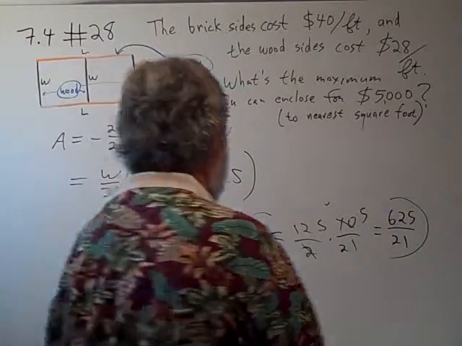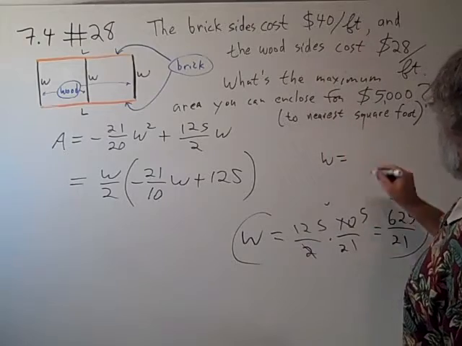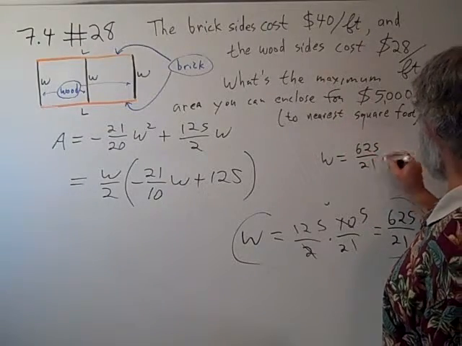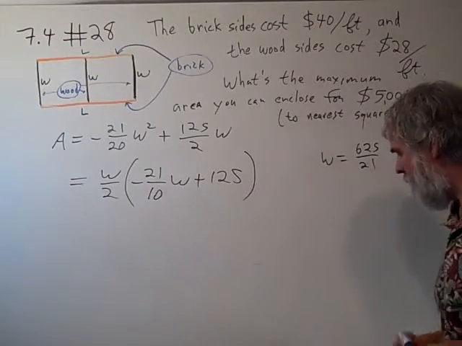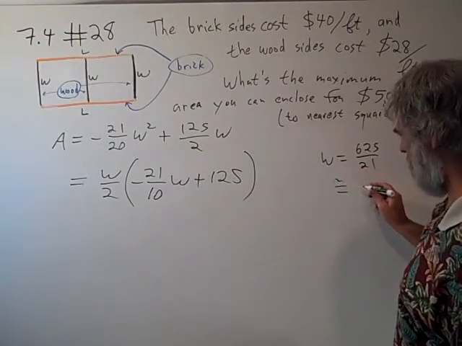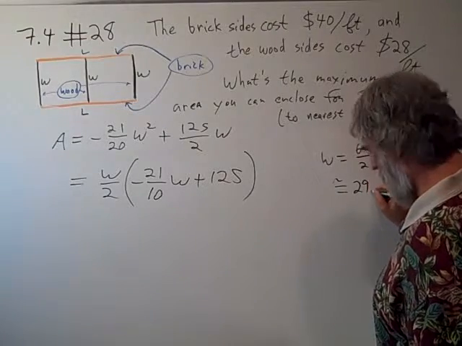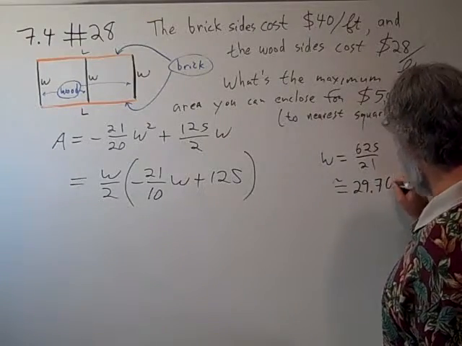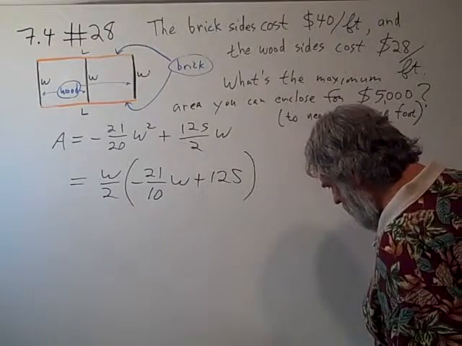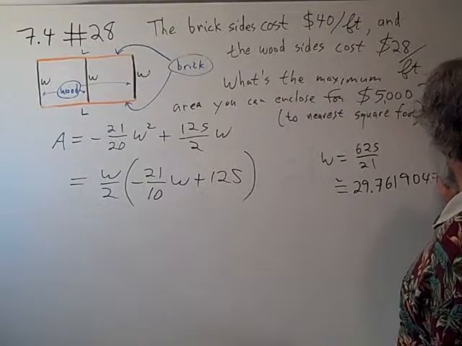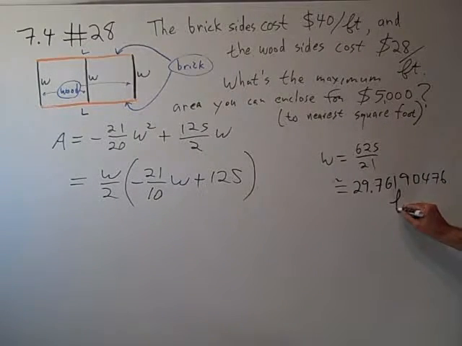So plugging in now, the W that we have, 625 divided by 21. Let's do that numerically. Numerically, this is approximately equal to 29.761, approximately 29.762 feet. That's the W that will yield the maximum possible area here.